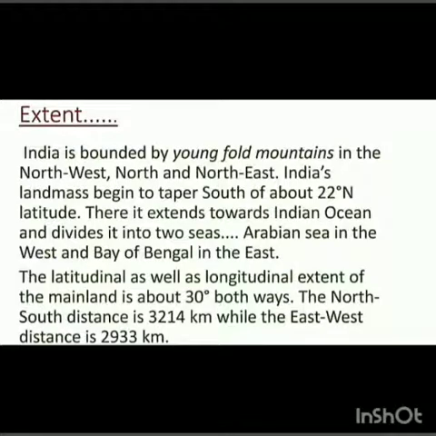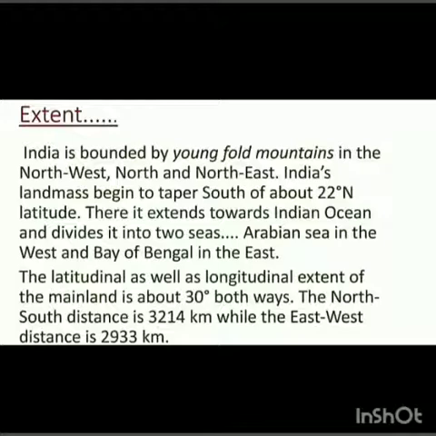India is bounded by young fold mountains in the northwest, north and northeast. India's landmass begins to taper south of about 22 degree north latitude. You all have seen the map of India and you have noticed the shape which is tapered towards the south.